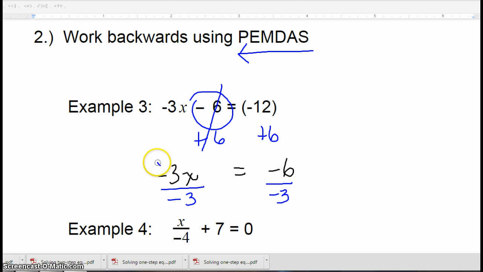Negative 3 divided by negative 3, that's 1. Negative 6 divided by negative 3, well, that's 2. So x equals 2. And if I check my answer, negative 3 times 2, that's negative 6. Then I subtract 6, and I get negative 12. That's the right answer.